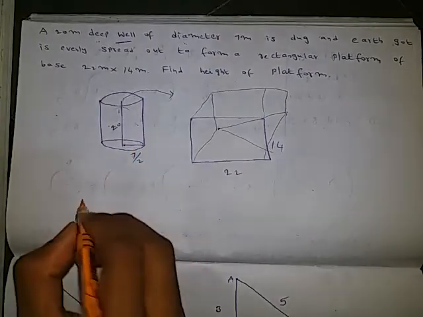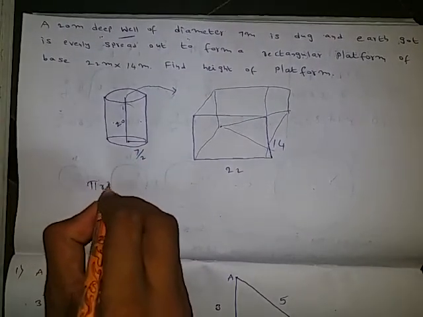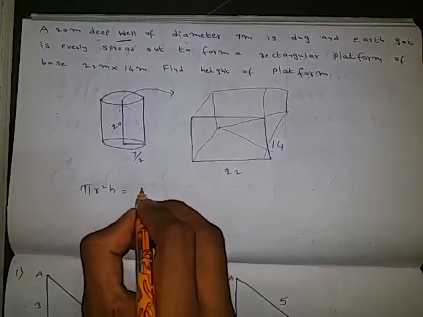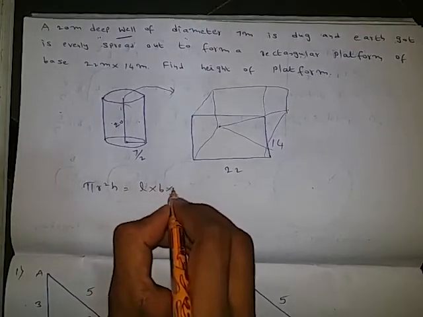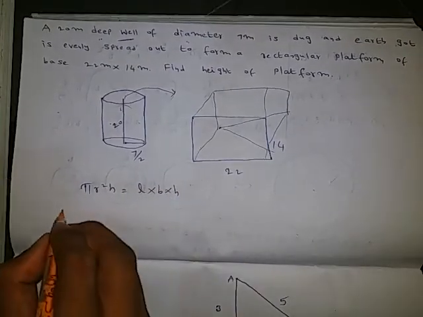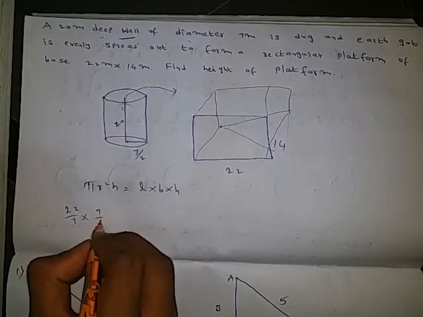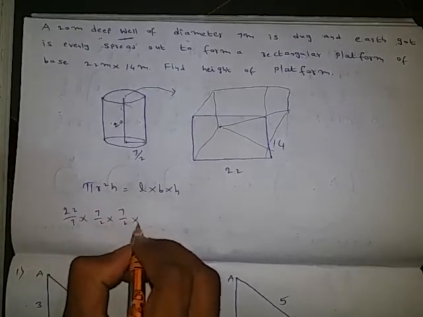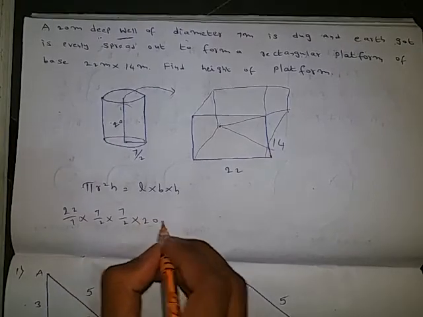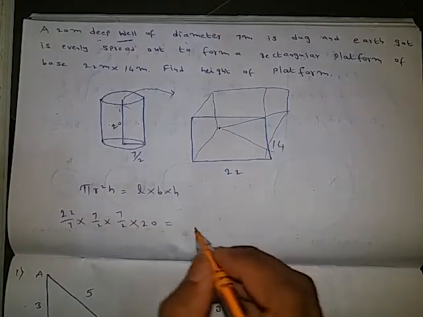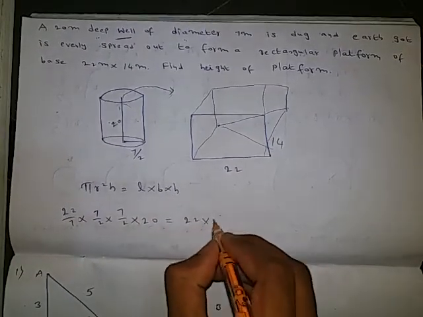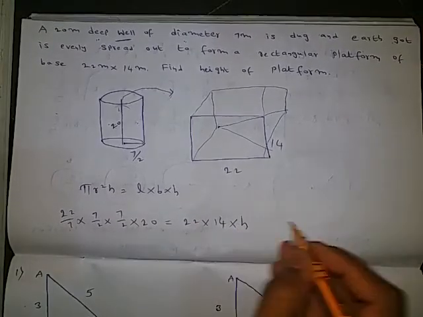So the volume of the cylinder, π r² h, is equal to the volume of the cuboid, length into breadth into height. π value 22/7, into radius 7/2 into 7/2, into height 20, is equal to length 22 into breadth 14 into height, which we don't know.